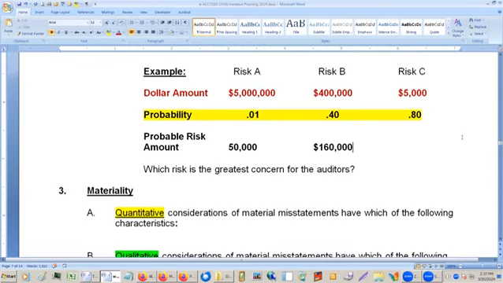And 80% of this one, so this will be 4,000.